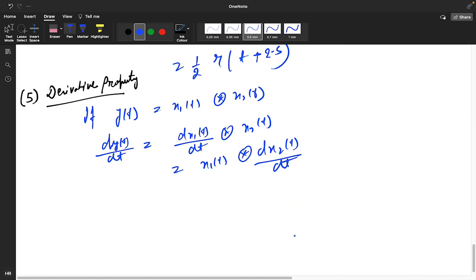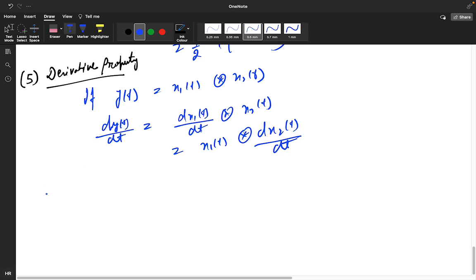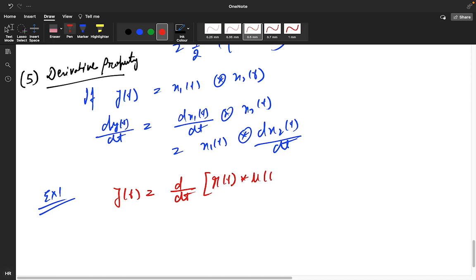Okay, for example, suppose y of t is given as d divided by dt into r of t convoluted with u of t. So what you will do, you don't need to derive all. You can do one thing, r of t convoluted with d divided by dt into u of t.